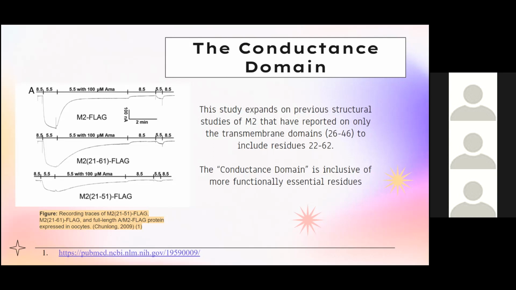So the top of the image is the specific activity of the entire M2 protein. And the one below it is the specific activity of the conductance domain, which we can see is nearly identical. And then the specific activity of the M2 transmembrane domain is still pretty good conductance, however, not as comparable to the entire protein as the M2 conductance domain is. This is what informed the designation of the conductance domain for the study.